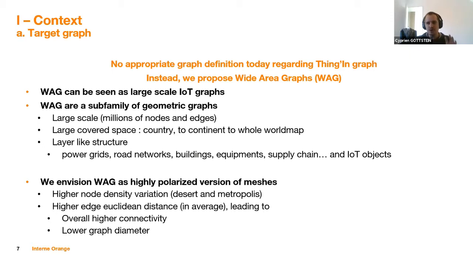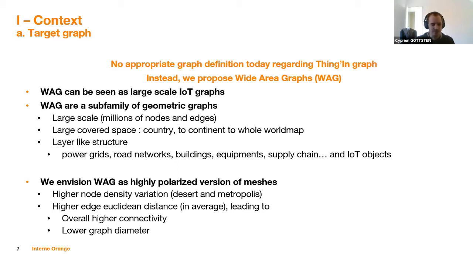And in order to have a truly large, unique graph which will cover a large area, you need to have several layers, and the low layers are graphs with low density, but able to cover a very large space. That's where the power grids and road networks come in. Then as you move on in the layers, you will have graphs which cover a smaller area, but with much more density, so more nodes in the same point. All of them are bound and intertwined together, leading to a giant topology. So that's what we envisioned for WAG.